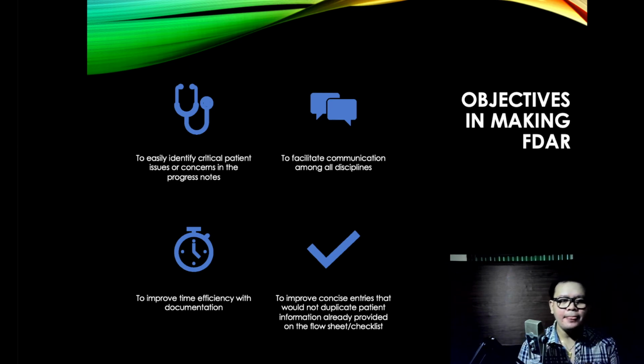And lastly, improve concise entries that do not duplicate patient information already provided on the flow sheet or checklist. Make sure it isn't redundant or duplicating information already found in the patient's chart.